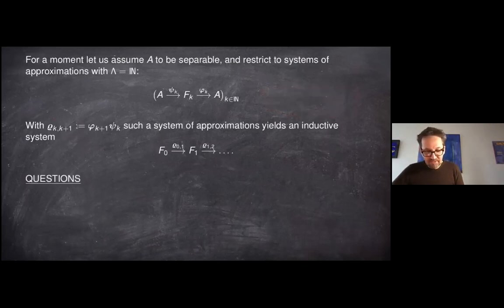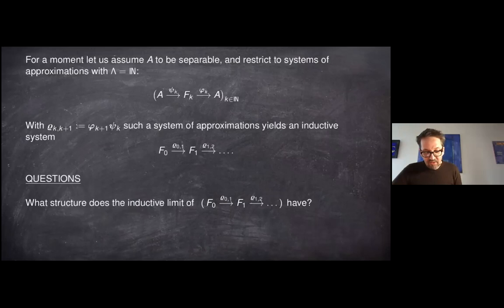And so some questions you can ask along these lines are, if you just write down the inductive limit of this, then this is certainly a vector space, but you can of course equip it with more structure. And then you can ask what structure does the inductive limit have, or in which category can you form an inductive limit?